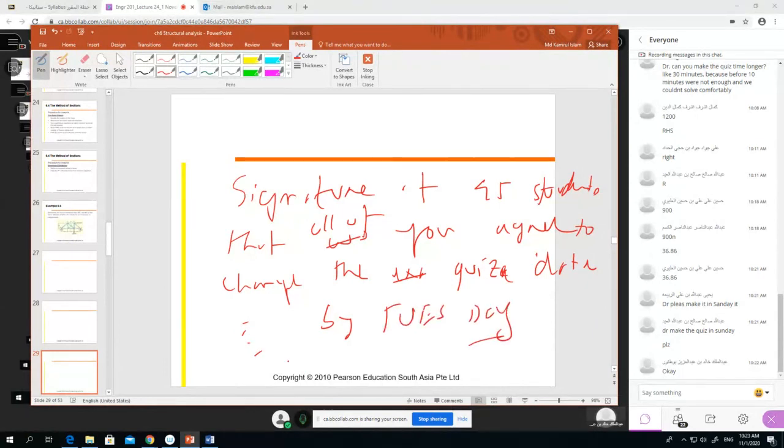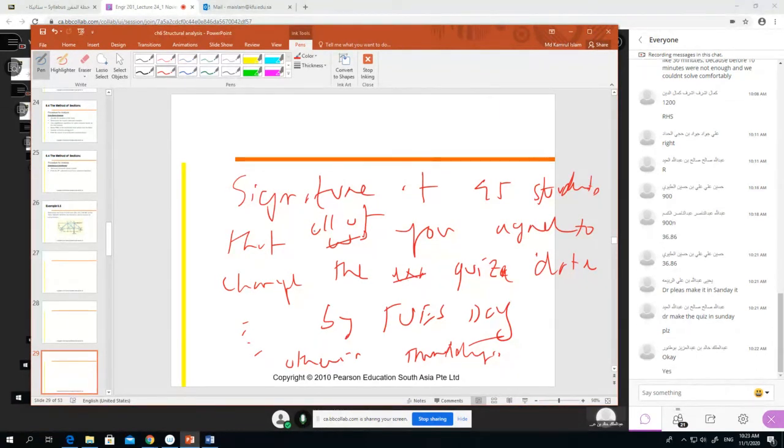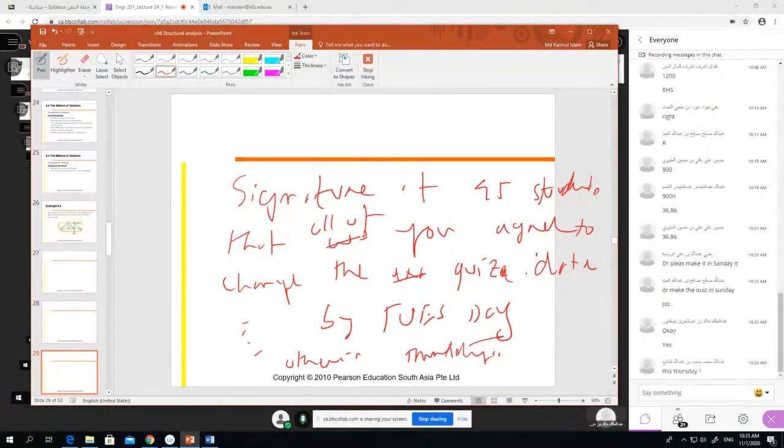Otherwise it will be Thursday. Are you clear? Right, Malik? Abdullah Saleh, yeah, here. If you want to change the exam, you send me the signature on a paper that every student agrees to change.